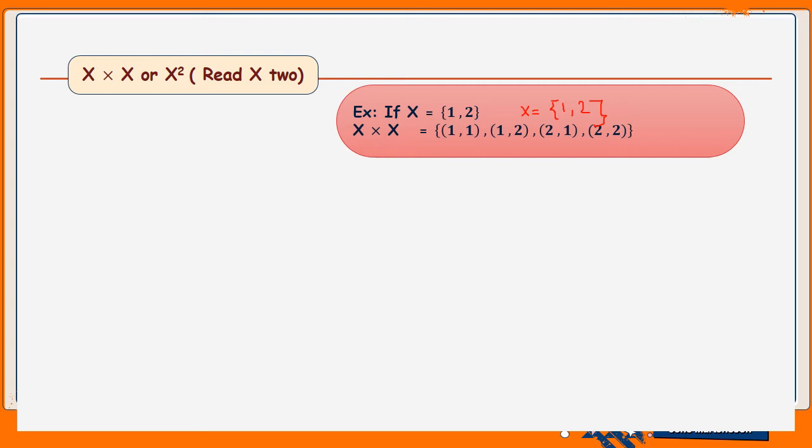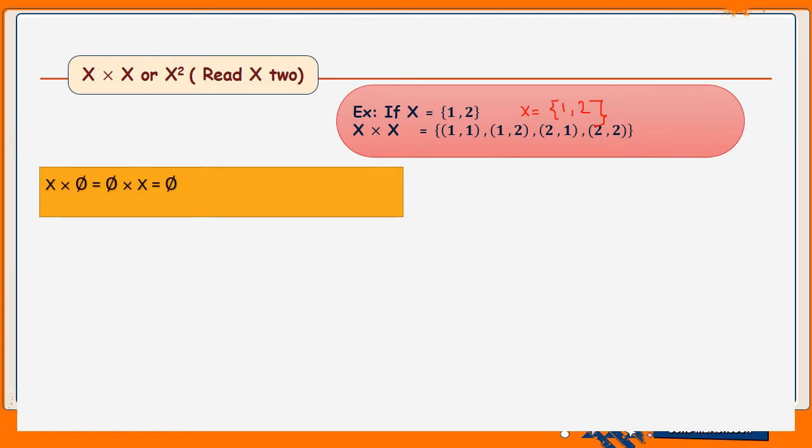The set of ordered pairs is {(1,1), (1,2), (2,1), (2,2)}. In x cross x, x is both the first projection and the second projection. If we have x cross phi equals phi cross x, the answer is phi.